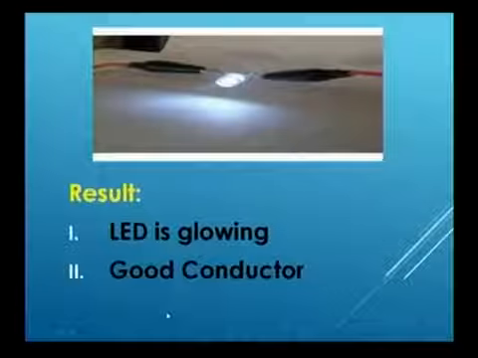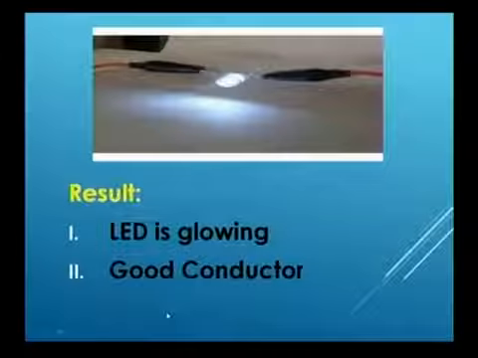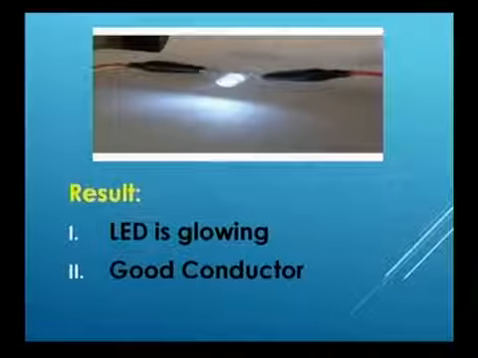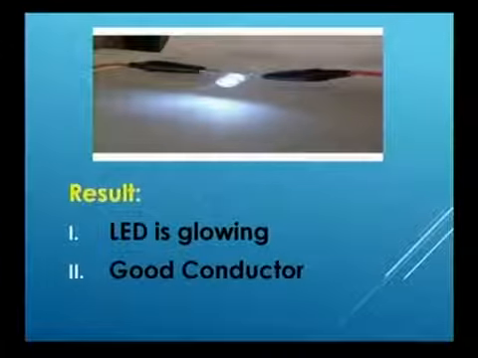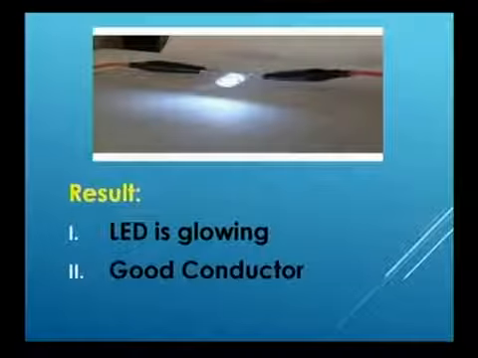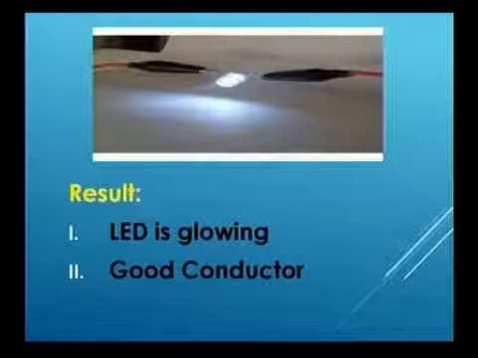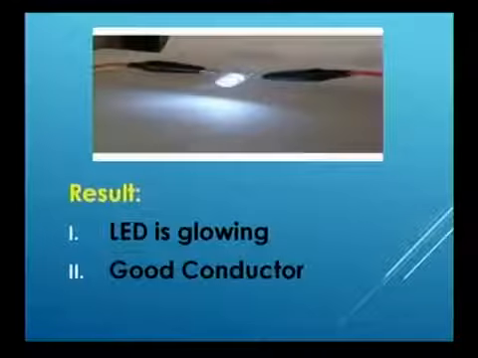Friends, I told you while doing the experiments that the thing which allows electricity to pass is called a good conductor, and the thing which does not allow electricity to pass is called a bad conductor.